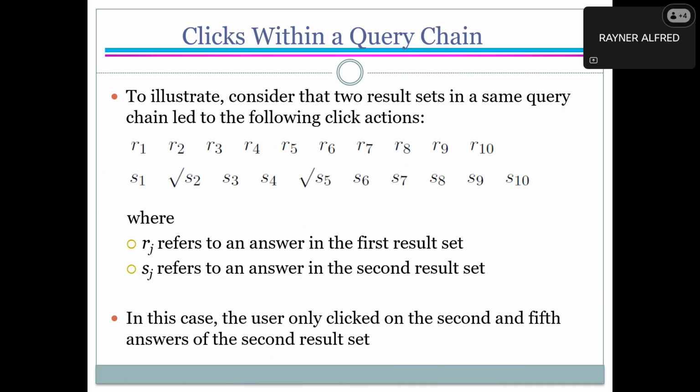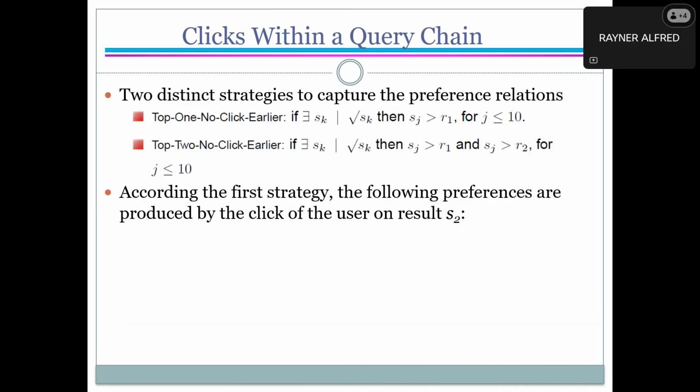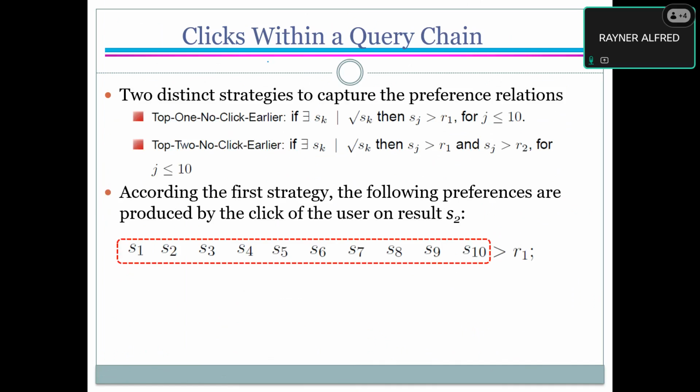Okay. So we have two methods also. So with this one, what we can say is that R1 referred to an answer in the first result. So this is the first result. This is the second result. So what we can say is that we have top one no click earlier and top two no click.